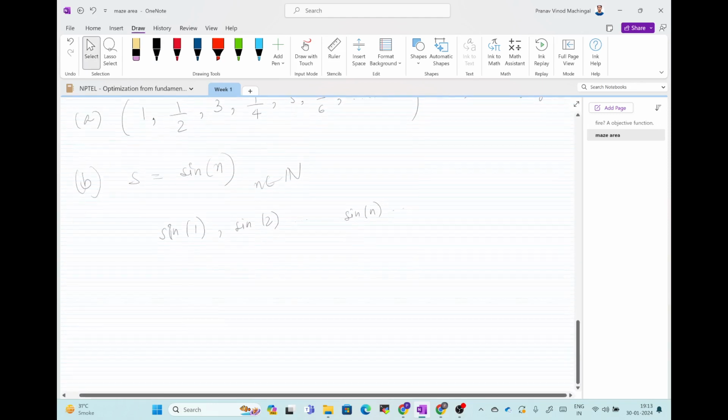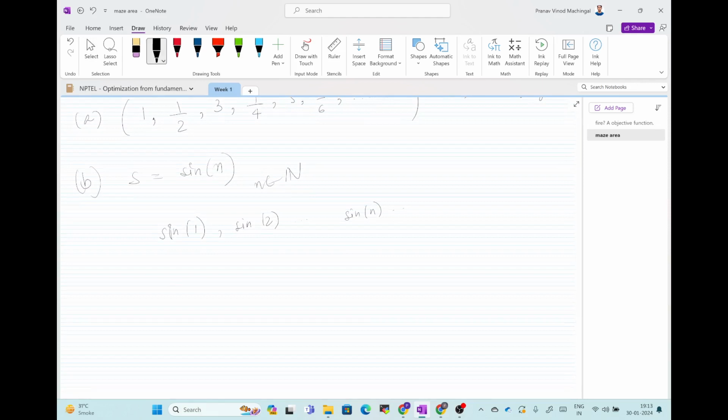But this sequence will be bounded, right? Yes, it will be bounded. If I would have written sine of 2 pi n, then is it converging or diverging?